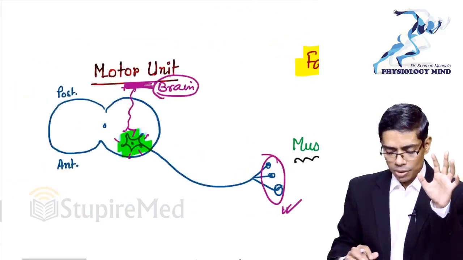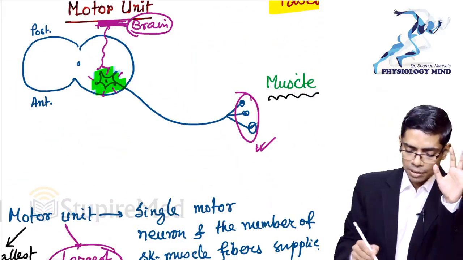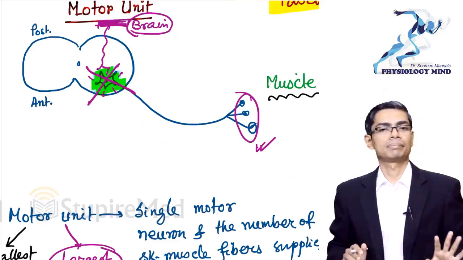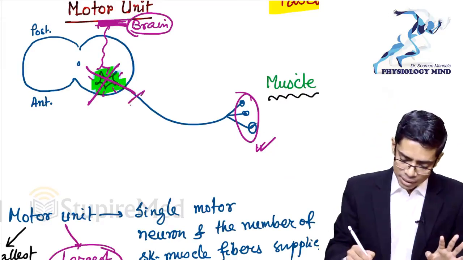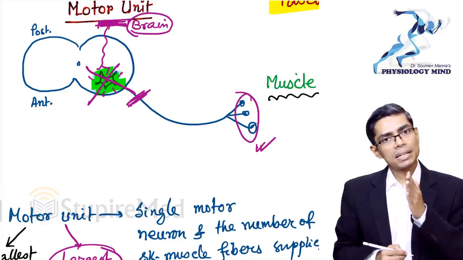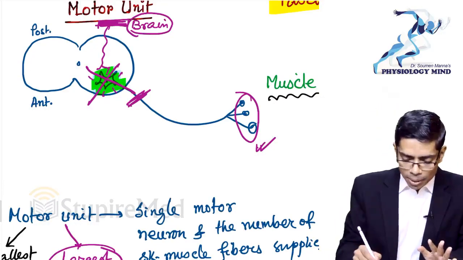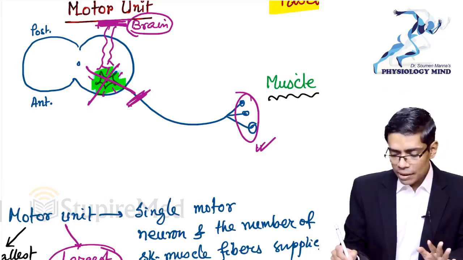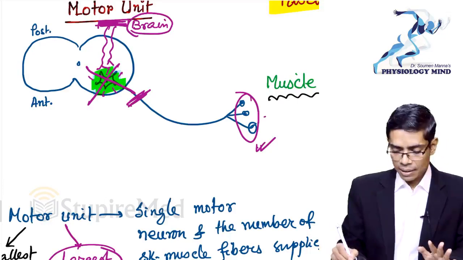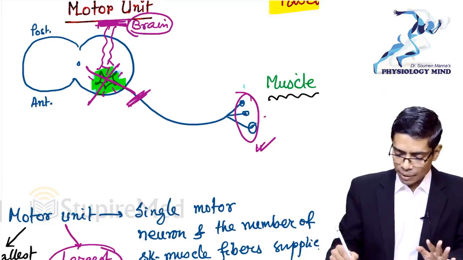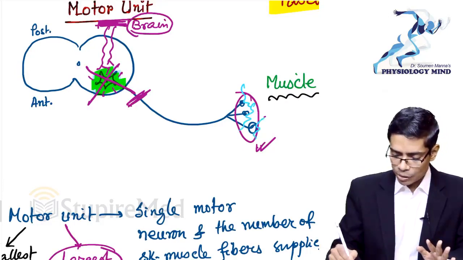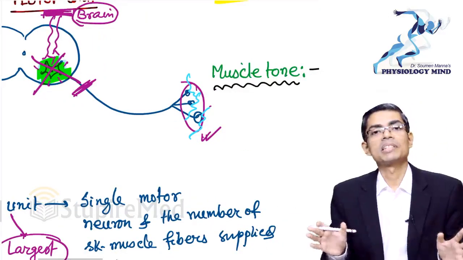now suppose this lower motor neuron is completely dead, or you can imagine this neuron is cut, completely damaged. Now the brain obviously has no control on this muscle, plus the individual muscle fibers which were supplied by this motor unit will be separated out.